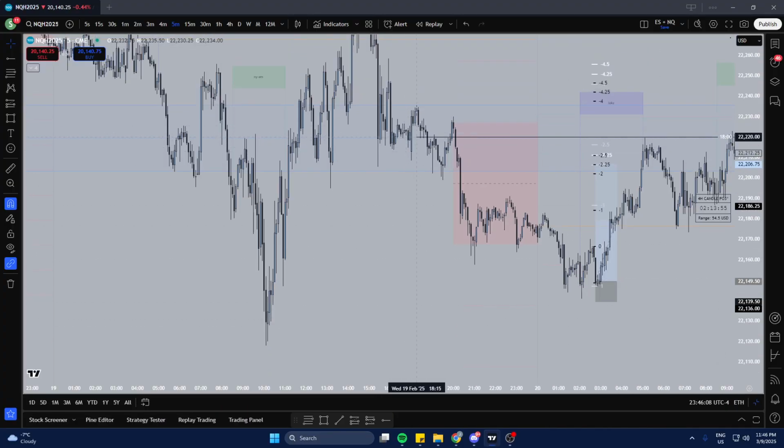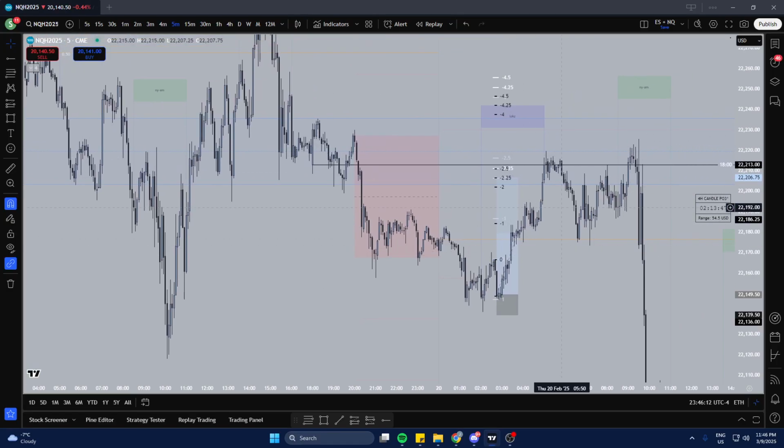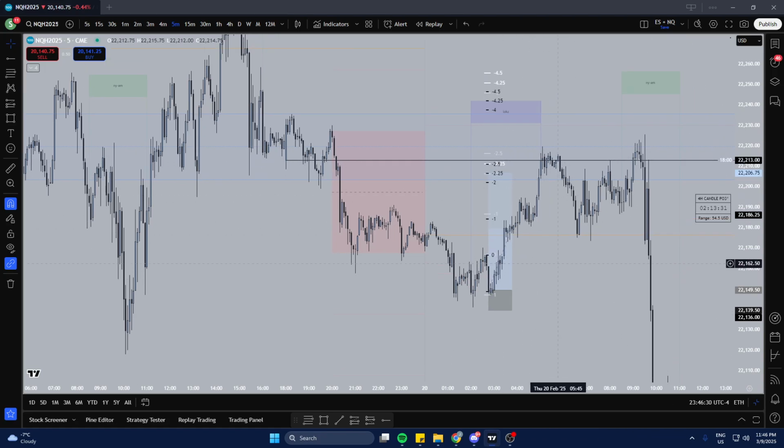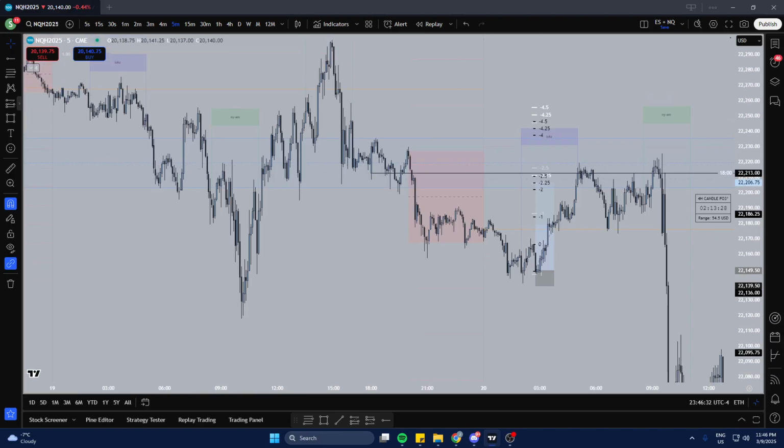Where was it? 1800 right there. So 1800 shows whether you should long or short. Usually when you're under 1800, you want to look for longs.